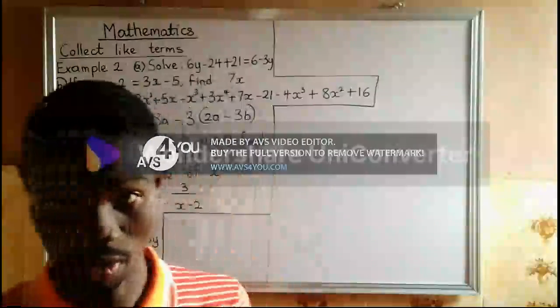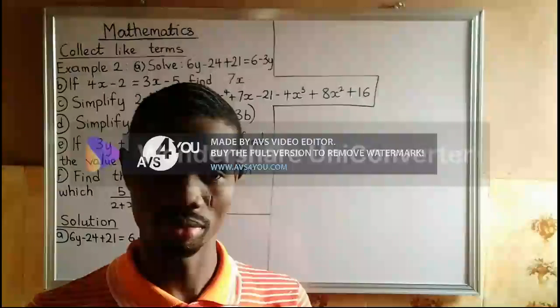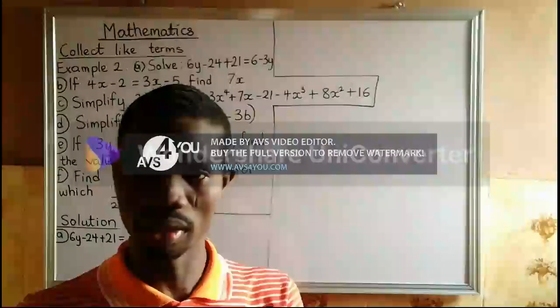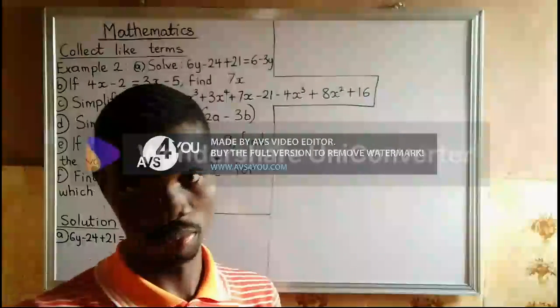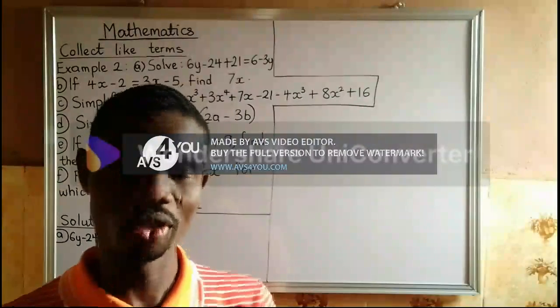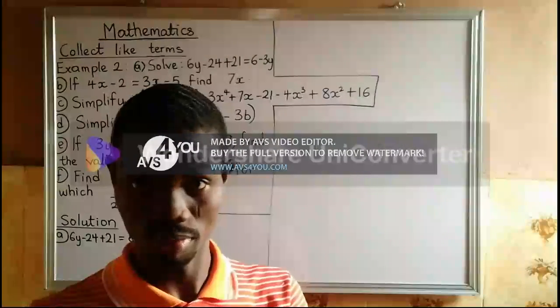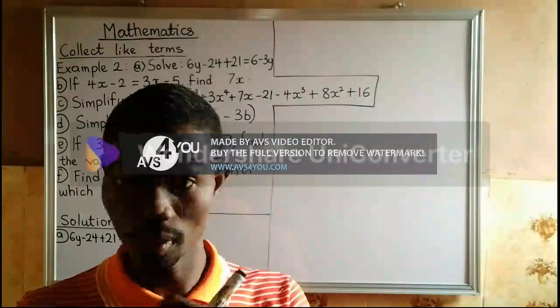From the last lessons, we were treating the application of the fundamental mathematical principles. I listed some principles, among which was dividing both sides by something, which we treated in the last lesson.